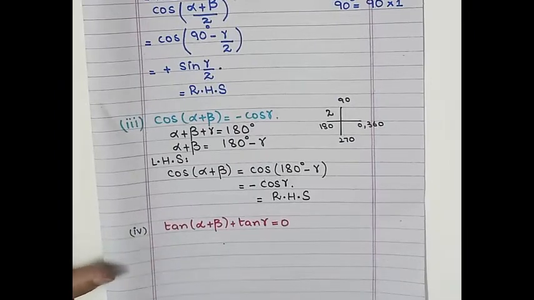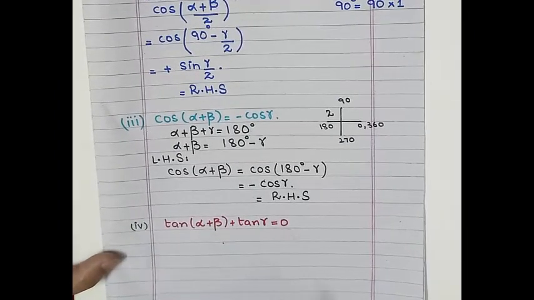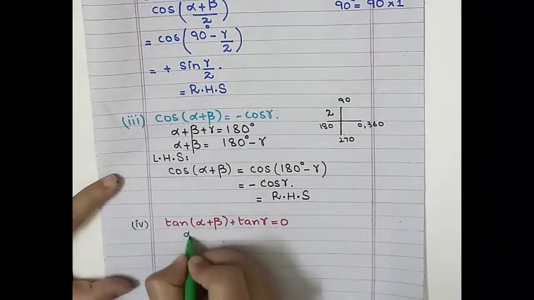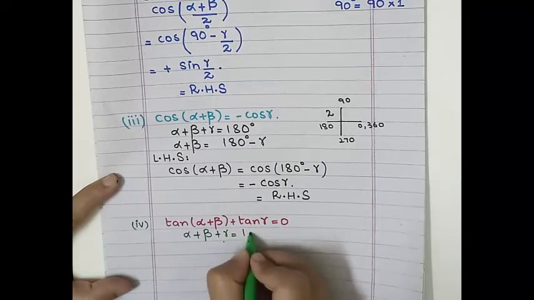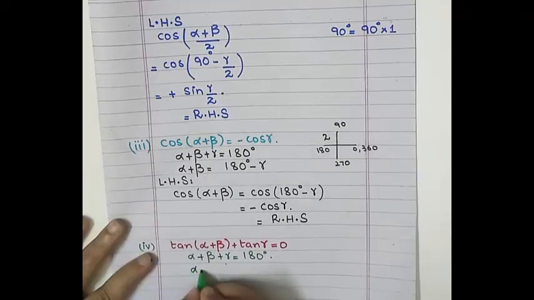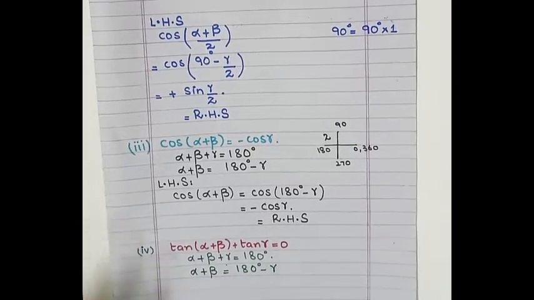Now we have the last one: tan of alpha plus beta plus tan gamma is equal to 0. Starting with the same strategy, we have alpha plus beta plus gamma is equal to 180 degrees, and alpha plus beta is equal to 180 degrees minus gamma.